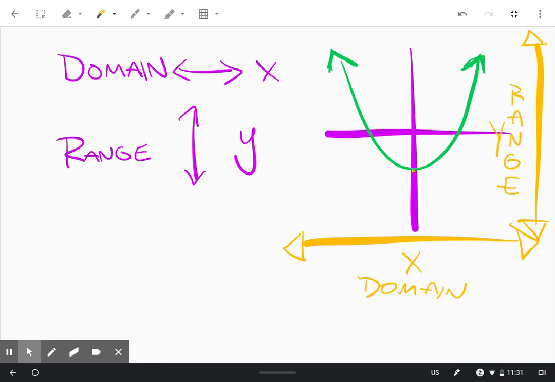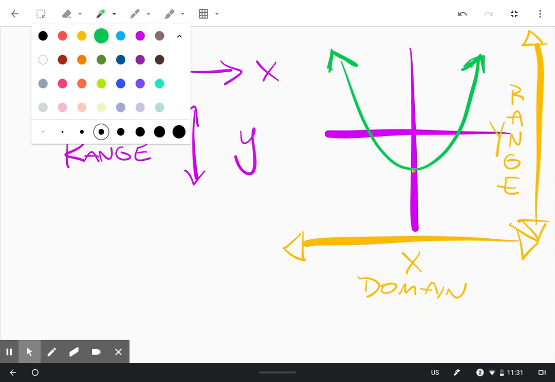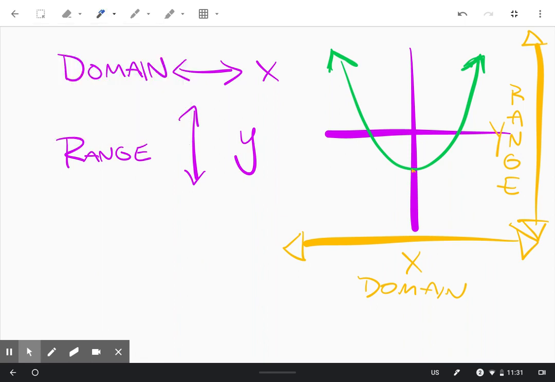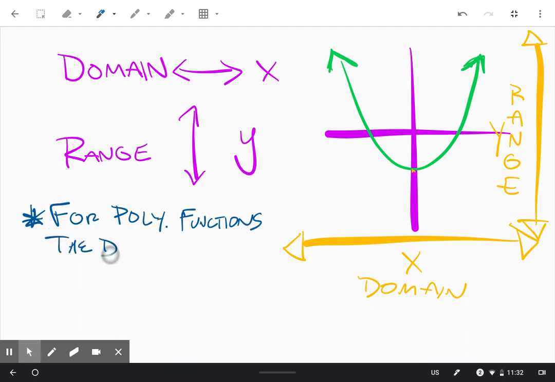So one important thing for you to know, and I'll just put this right here on this page. For polynomial functions, the domain is always all real numbers.